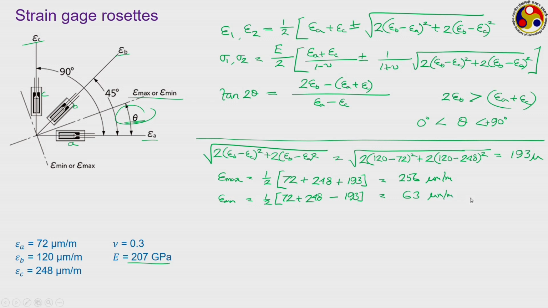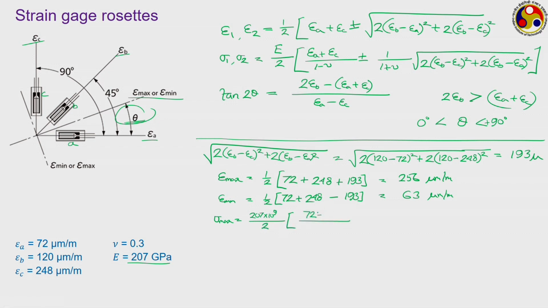And if we want to calculate the stresses, so sigma max will be equal to, we can put the numbers here, the modulus of elasticity is given as 207 into 10 to the power 9 divided by 2 into epsilon a plus epsilon c.